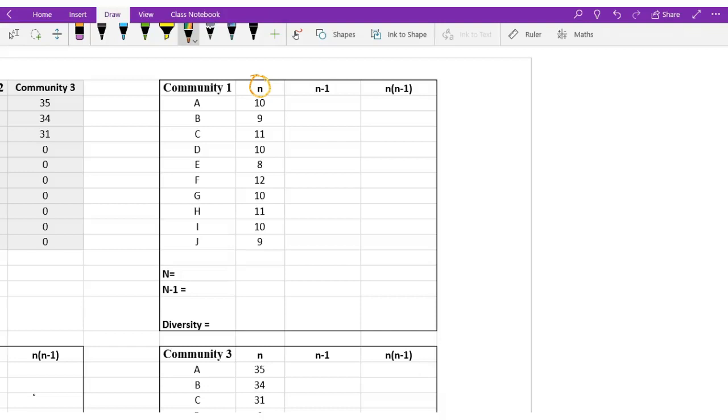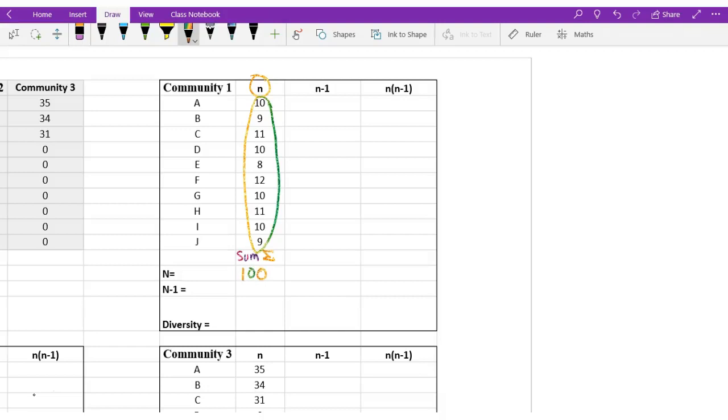But what they haven't done is given you the individuals that are in the area total. In order to do that, you have to sum, or if you look in Excel, that's the symbol for sum, up all of these values here. And if you add them up, you'll find that comes to 100.